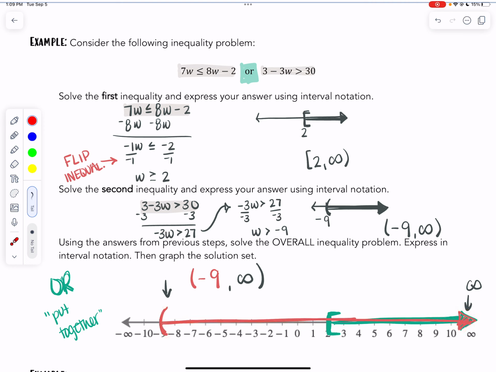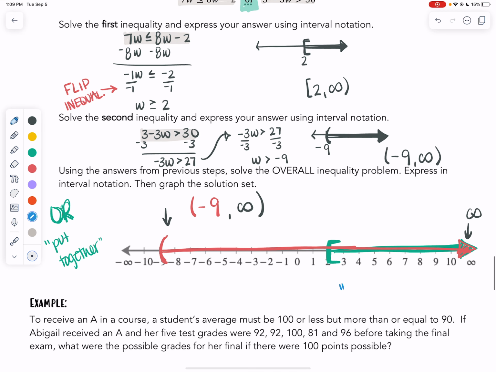If this question had said and instead, it would just be this part. It would be bracket 2 to infinity, and I would just graph from the bracket because that's the only place on the graph where they both are.